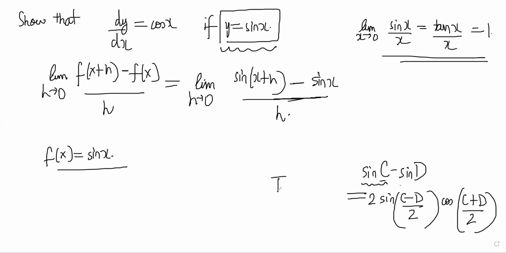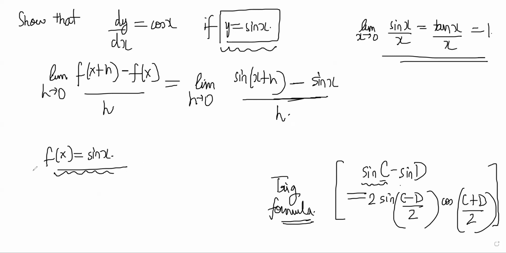This is a trigonometric formula. Don't worry about it if you have not seen it before. We will do the proof of this formula soon when we learn a little more trigonometry. Right now you don't need to worry about how the formula came. What you have to see is the impact of this formula and how it helps us calculate the derivative.